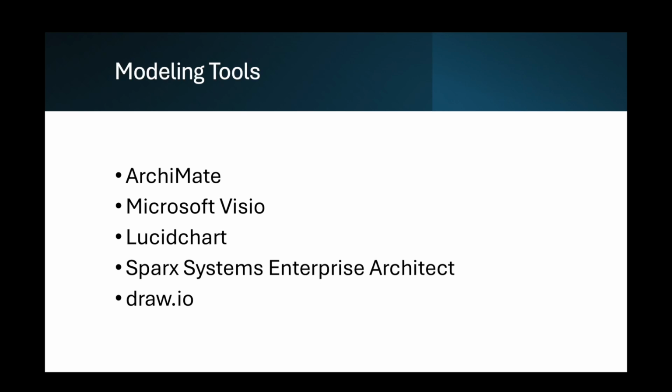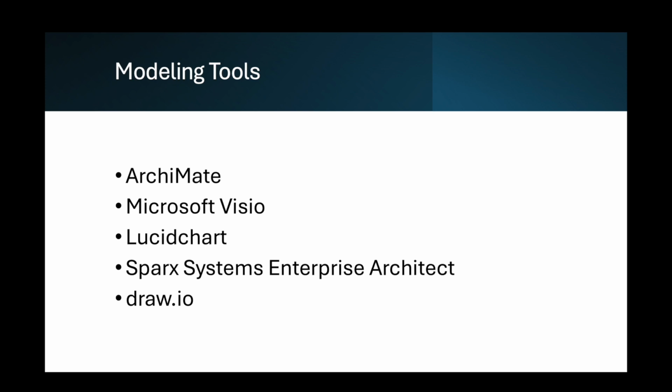Modeling tools are essential for software architects, system designers, and business analysts. They provide a visual representation of systems, processes, and architectures, allowing teams to understand complex structures, communicate ideas effectively, and plan changes systematically.